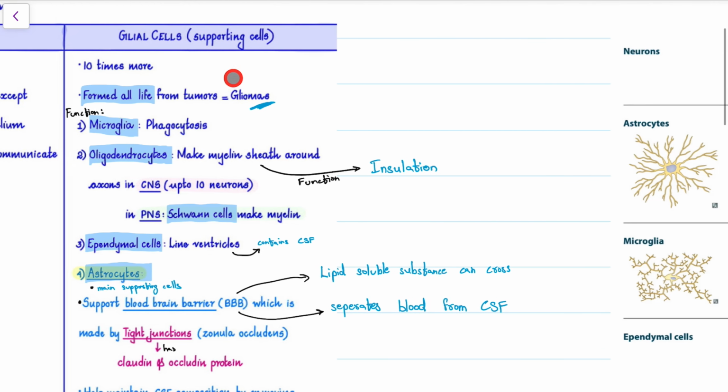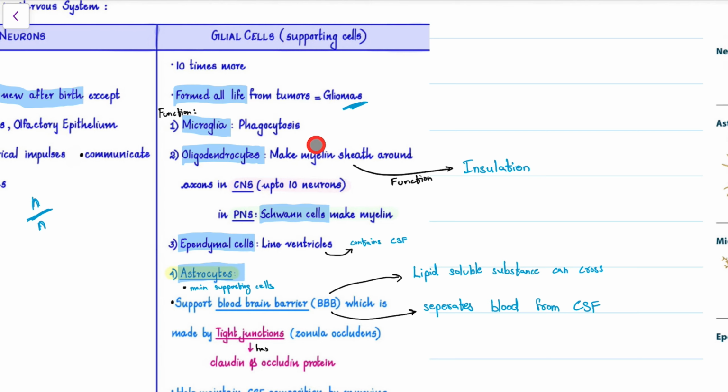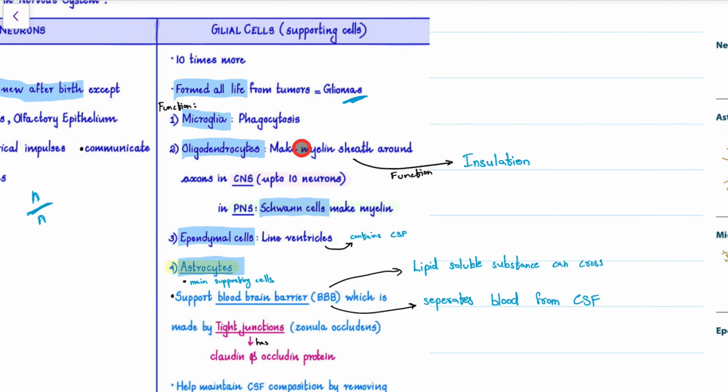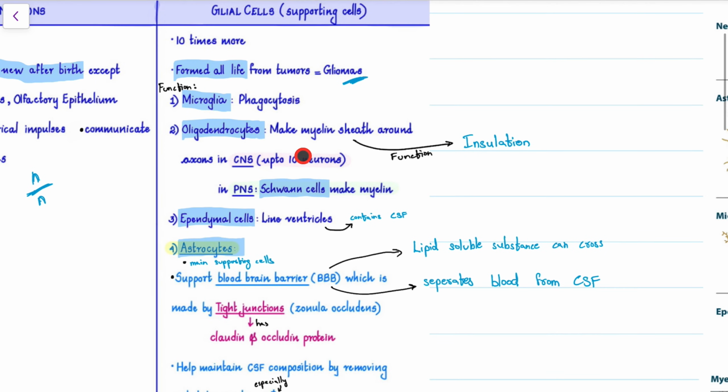And the glial cells are of a variety of types. The first one is the microglia. See, the microglia causes phagocytosis, that is one of an immune response. Okay, phagocytosis is like eating up, I would say.